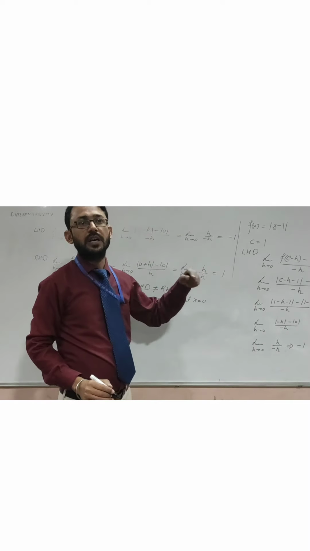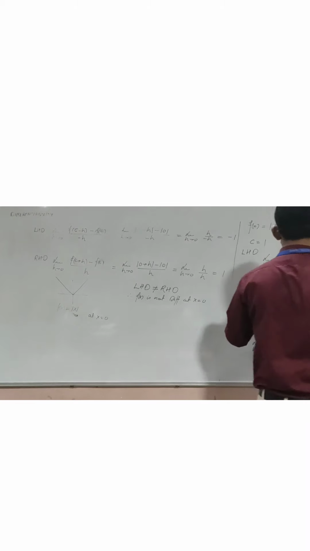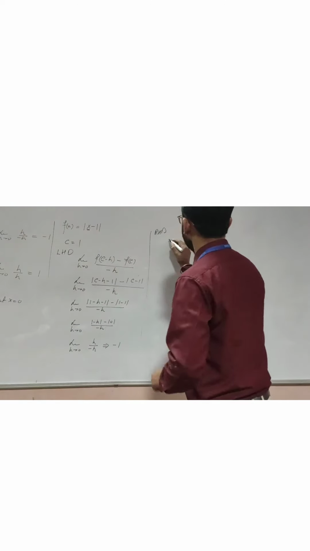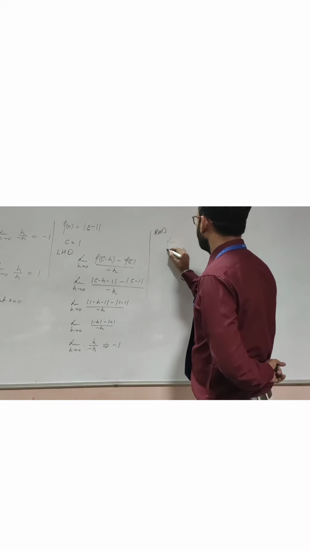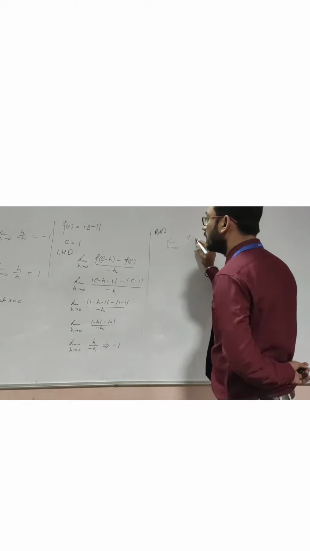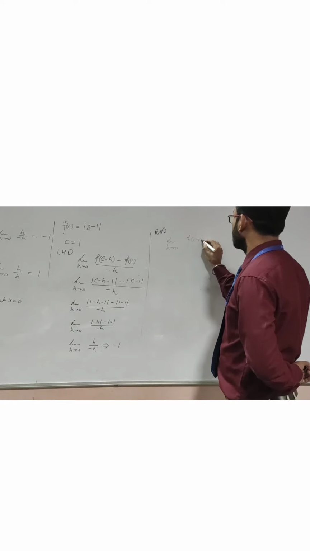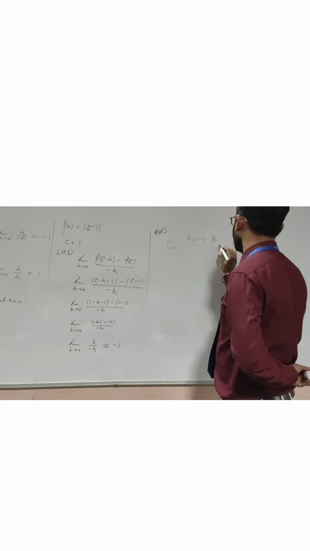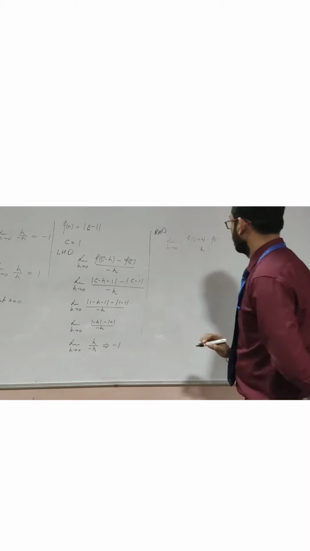Now we are going for the right hand derivative. We know the formula for the right hand derivative is limit of h tends to 0, f(c plus h) minus f(c) whole upon h.